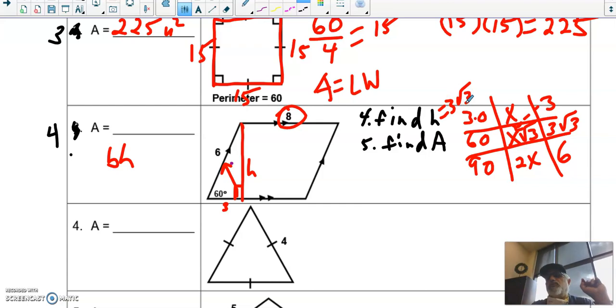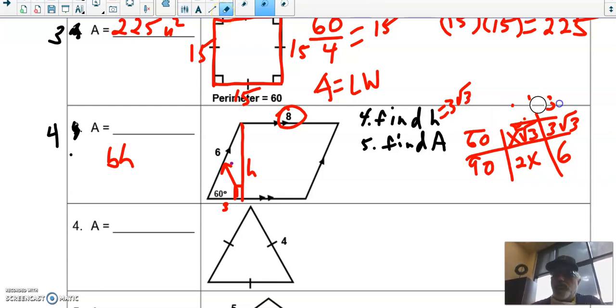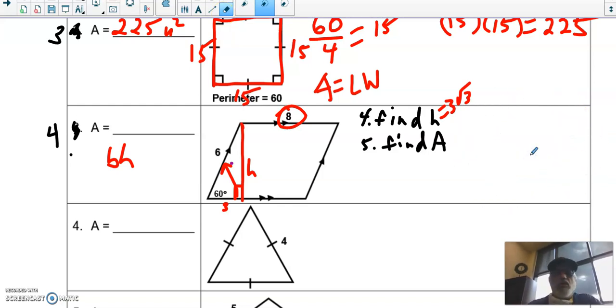So you know the square root of 3 is going to be part of the answer. So now I'm going to find my area. I'm going to go ahead and erase this. Okay, once I get that out of the way, I'm going to write down the formula, which is base times height. Very similar to the length times the width, but we really don't have a length, it's that height, and we found that on number 4.